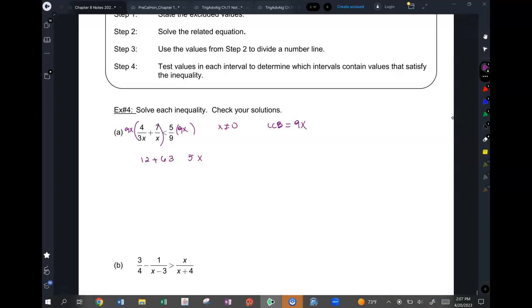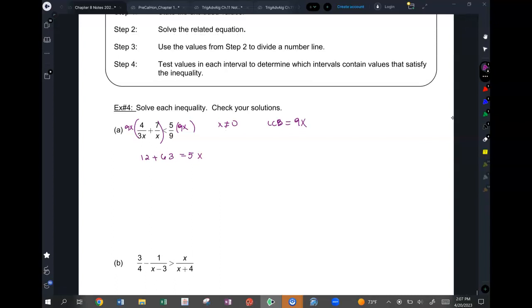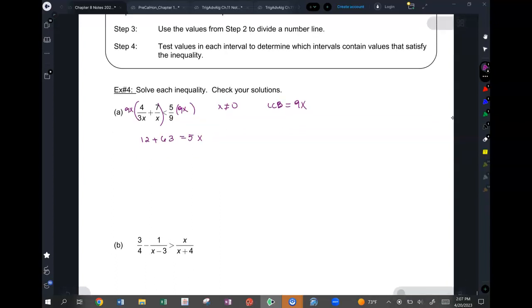Let's make it easier. Let's solve it as if it's an equation for now. Because it's between a 3 and a 9, so that'll be a 9. So let's solve this. 75 is equal to 5x, and x is equal to 15.